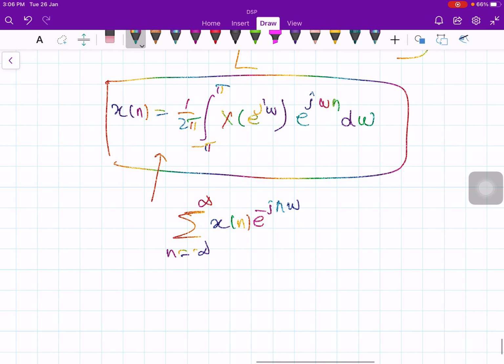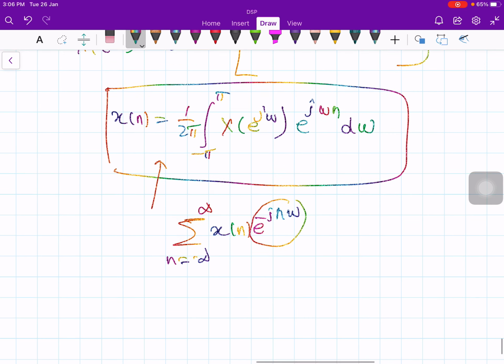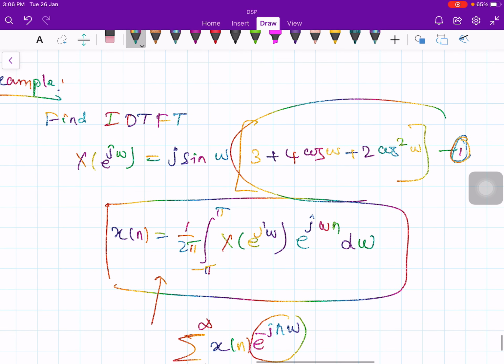So all you require is to find x of n, that is the coefficient of e to the minus j n omega. So in this given problem, express in terms of e to the j n omega, where n is an integer. n can take 0, 1, 2, 3, minus 1, minus 2, minus 3, and so on and so forth. So this is an example where the integral should not be used.